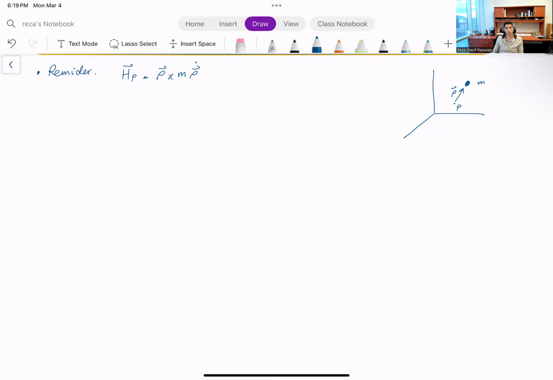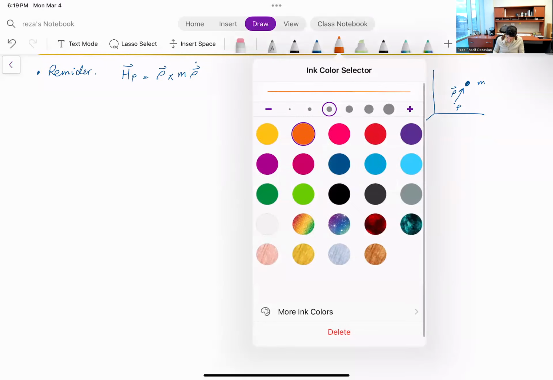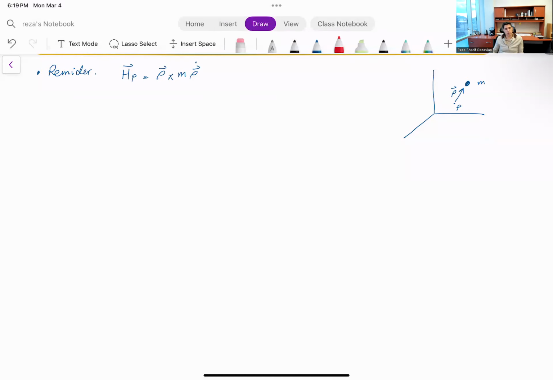the absolute change. What you can do to simplify your calculations is to write this rho dot in a reference frame. Let me attach a reference frame and point it toward the object.